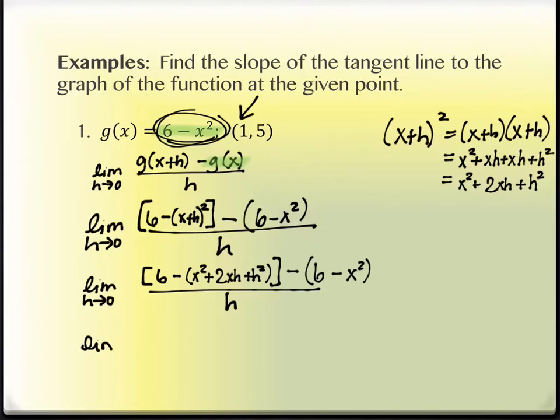So this is the limit as h goes to 0. Every single time we write limit, every single time, until we actually put a 0 in for h. And now I have 6 minus x squared minus 2xh minus h squared, and then minus, and I have the 6 minus x squared over here.